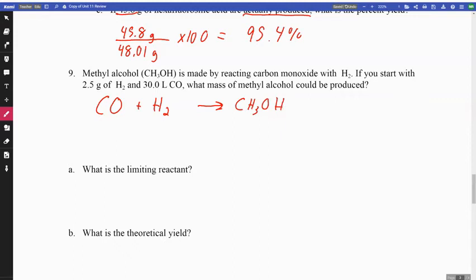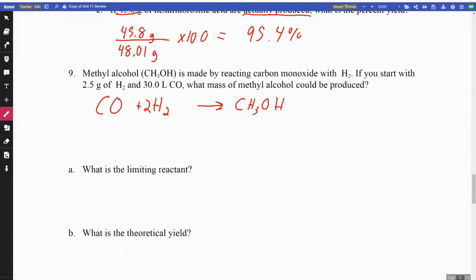Now we have to balance. This is super easy to balance. One C over here, one C over here, one O here, one O here, two H's here, four H's here. So we just need a 2 right there.